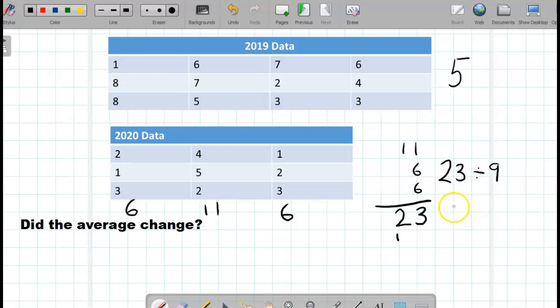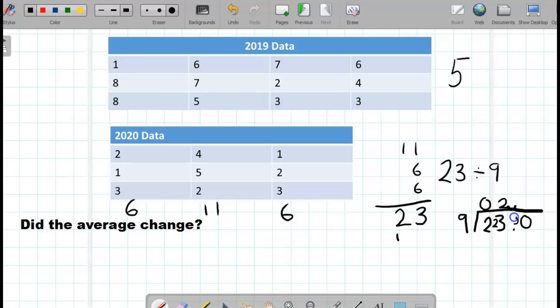Bit trickier this one, isn't it? If I was going to divide 23 by 9, I would do bus stop. Put the 9 there. How many 9s in 2? None. How many 9s in 23? There are 2, but we have got a remainder. So this is where this is going to come in now. How many were remaining? 5.